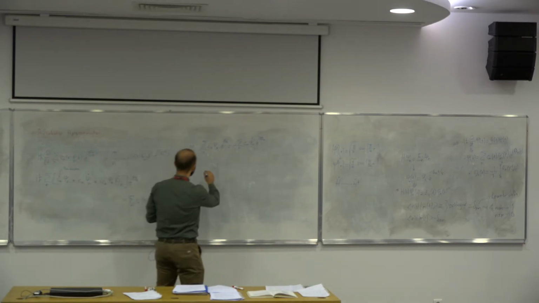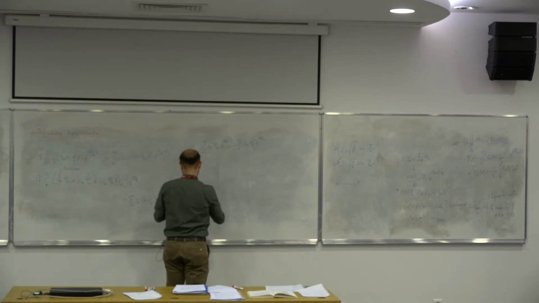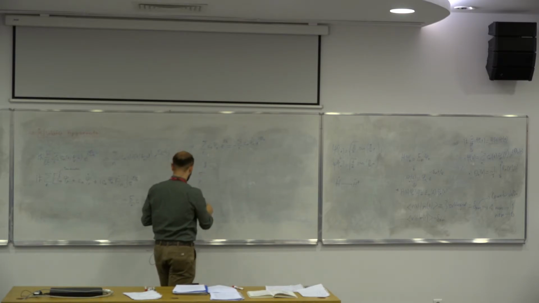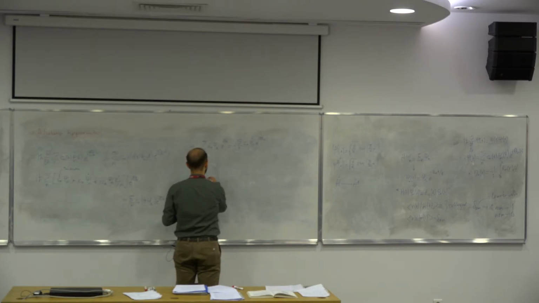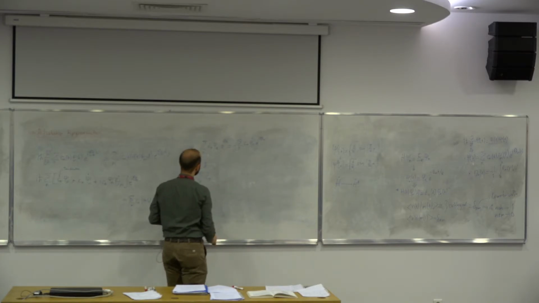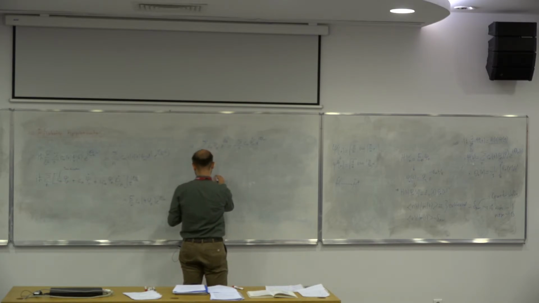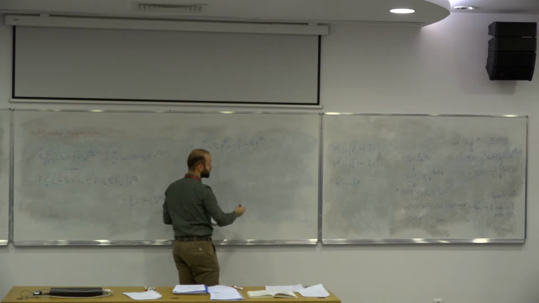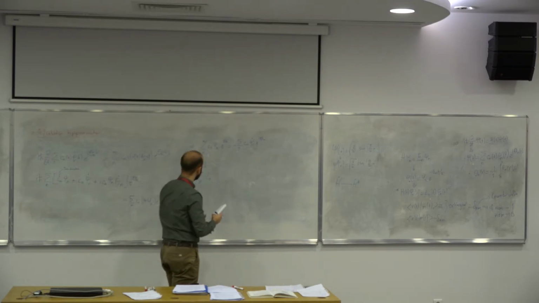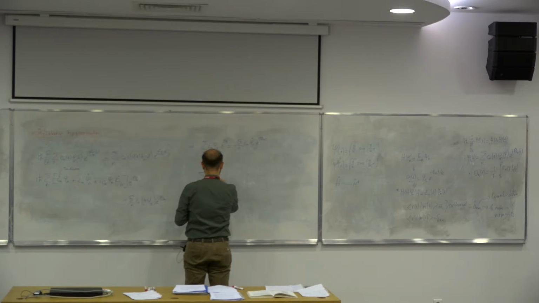So what I'm going to end up with is something like this. I take sum over n, and Ċ_n. Now I'm going to take an inner product with a different state so that I can find the C_n factors. So this is what I'm going to do. Let me denote with m and then n.